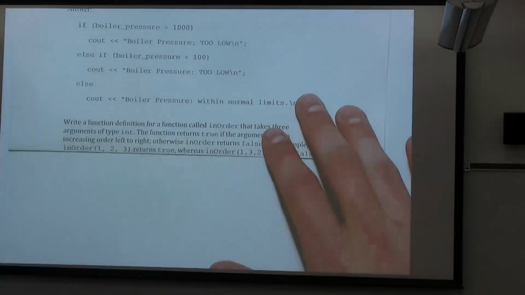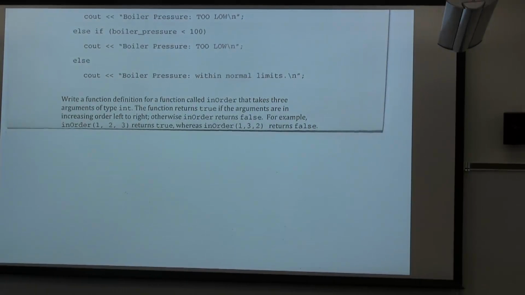So the problem listed at the bottom: write a function definition for a function called inOrder that takes 3 arguments of type int. The function returns true if the arguments are in increasing order left to right, otherwise it'll return false. What should we do to write it?